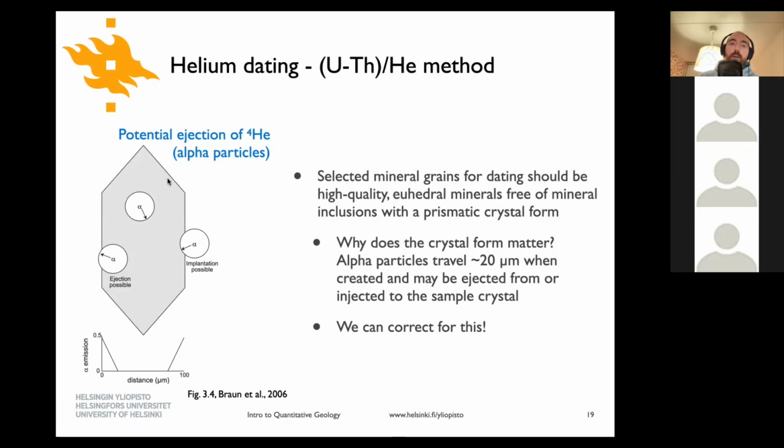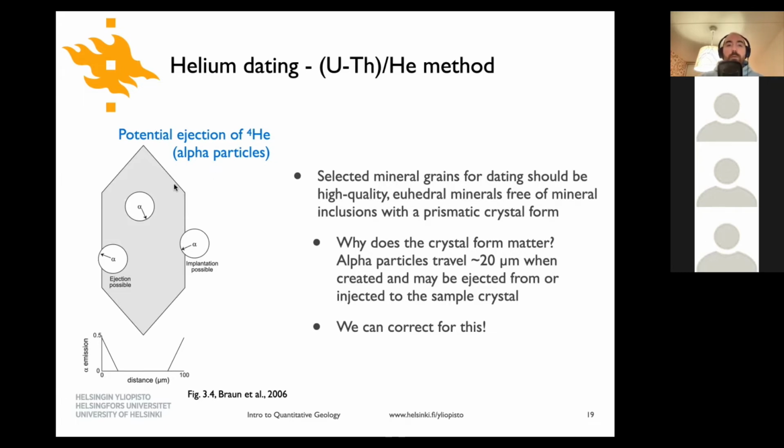So if you have a uranium-238 right near the edge of your crystal in your apatite, the alpha particle, when it's produced, will be traveling some distance, about 20 microns from where it's created.